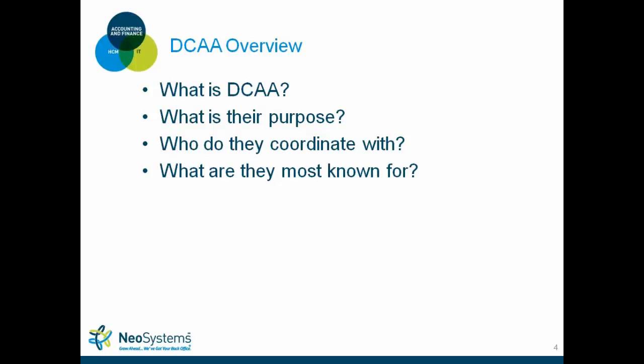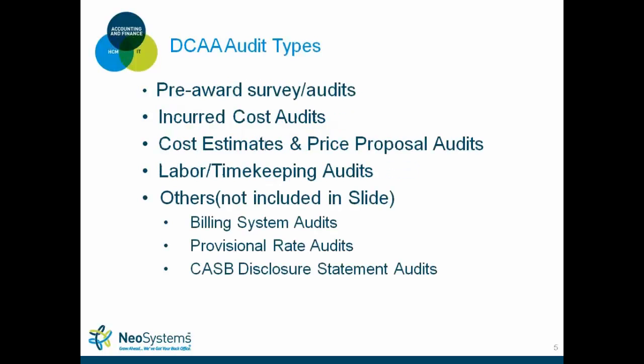So the DCAA audit types that we're going to dive into today are the pre-award survey audits, and most of you all know that as the accounting system audit. Generally, those are performed when you're going after an RFP that has a requirement to submit a DCAA-approved accounting system.